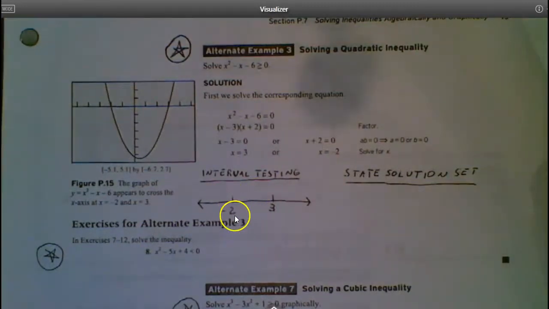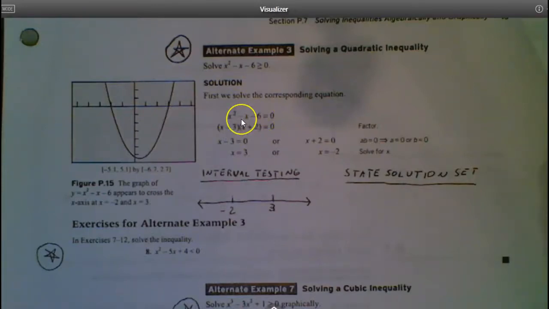So we're identifying our key numbers here, which are the x-intercepts, and we're simply going to test a number in those 3 intervals to see whether the values are overall positive or negative. So I want to test a number that is less than -2. So if I were to take any number below -2, like -3, plug it into the original equation here, am I going to get a positive or a negative?